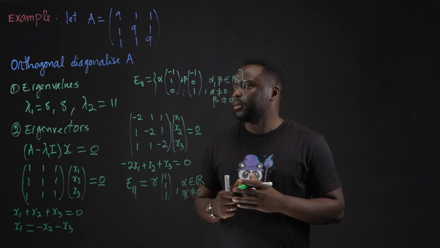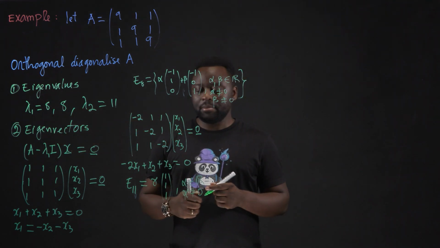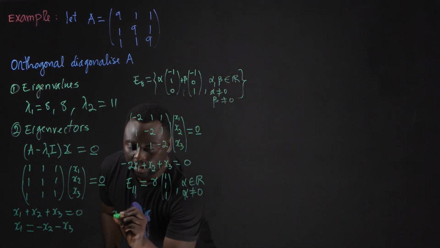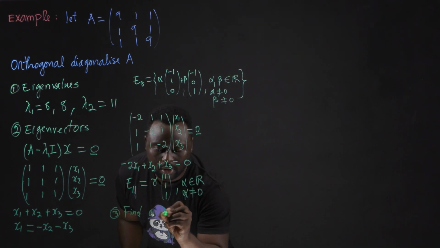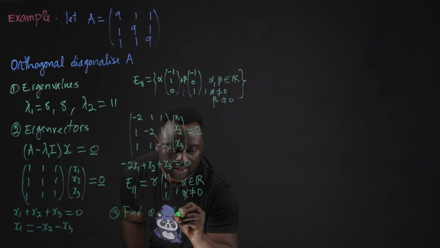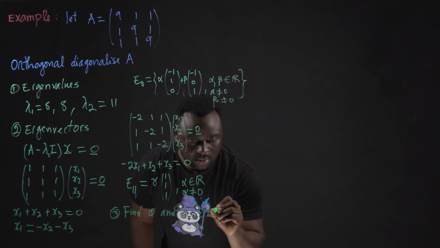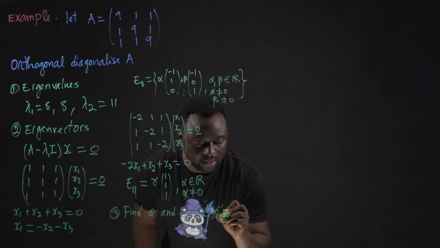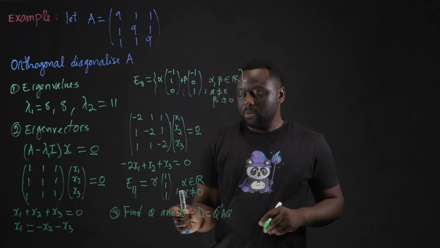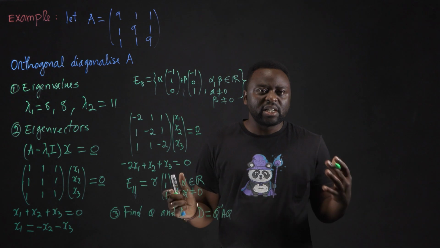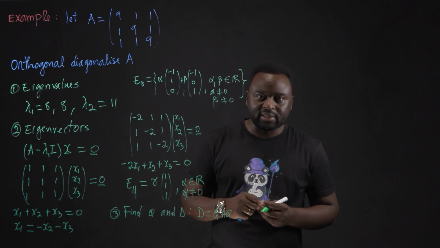What's the next step? You have the eigenvalues and the eigenvectors. For the third step, we want to find the matrices Q and D such that D is equal to Q inverse A Q. The matrix D is straightforward because it's just a diagonal matrix, and Q is an orthogonal matrix.